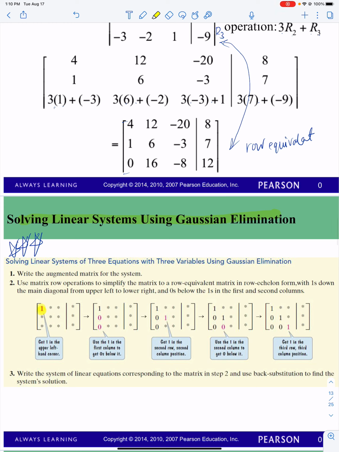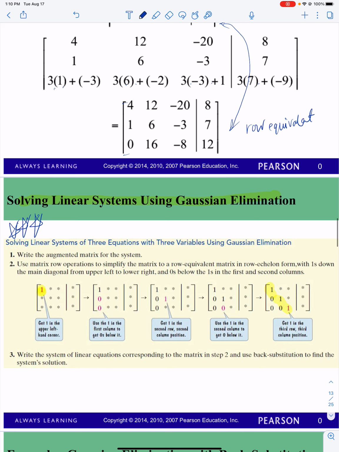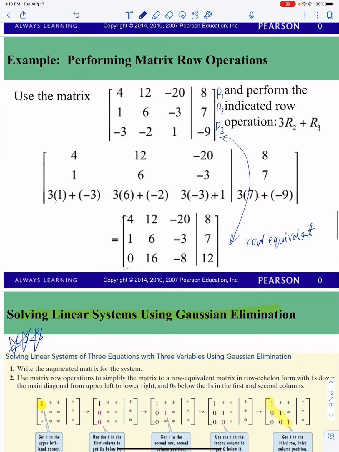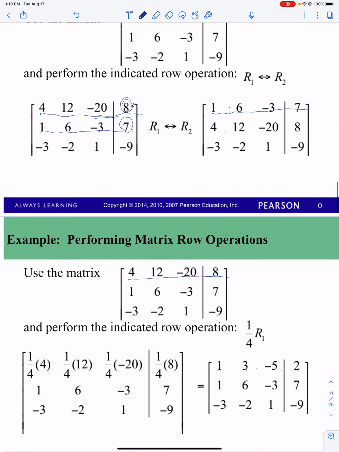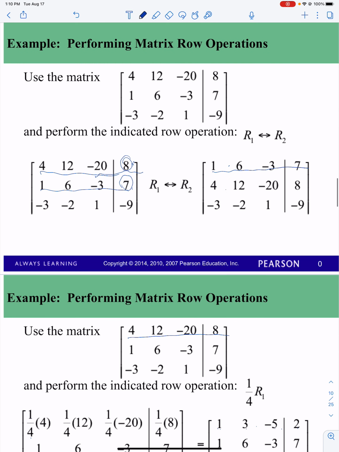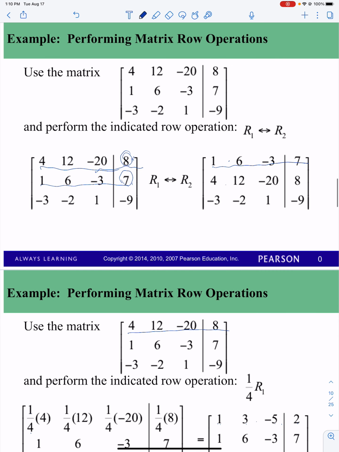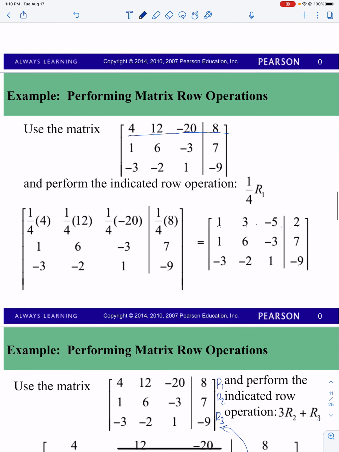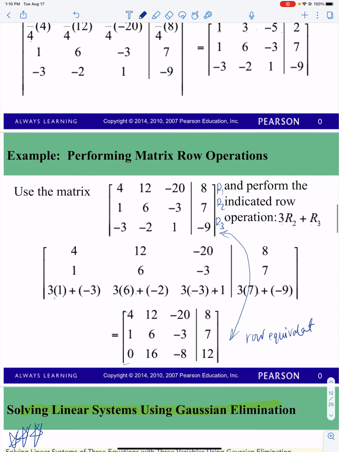Because you want the diagonal to be 1, 1, 1, and everything below the diagonal to be 0. To get 1, you can either interchange the two rows, or you can multiply by some number to make the first entry 1.